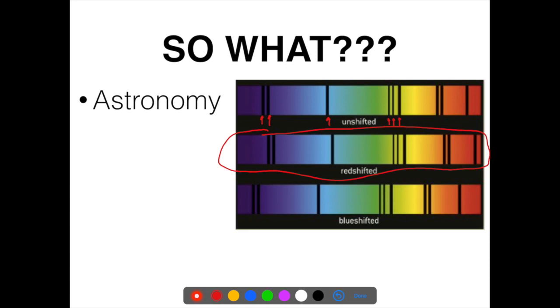And those absorption lines only come from the specific makeup of hydrogen and helium. We see the same lines, but can you see that they've all been shifted over to the right? So they've all been shifted over to have longer wavelengths. Why would they appear to have longer wavelengths than what they should? Well, it's because the star is moving away. We call that redshifted.